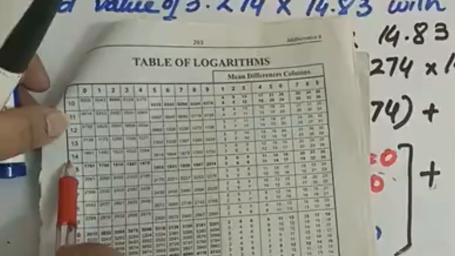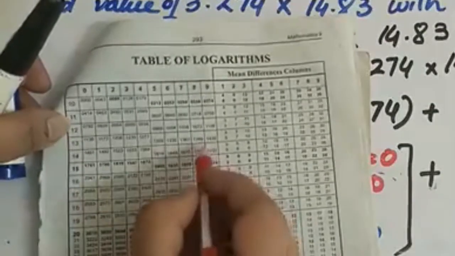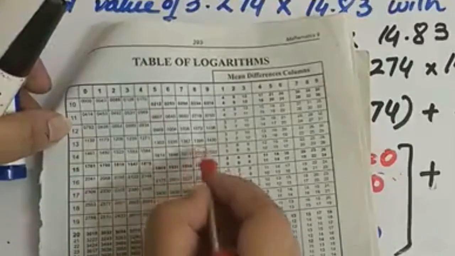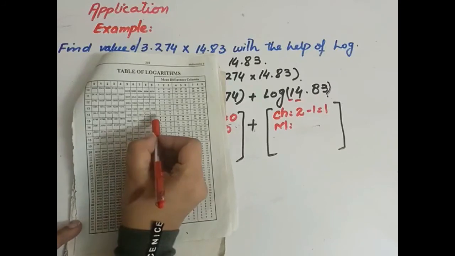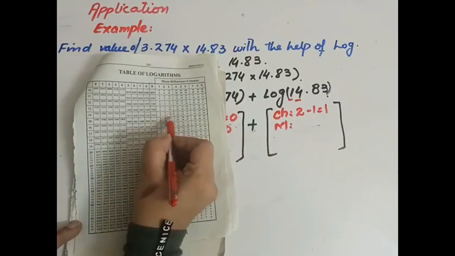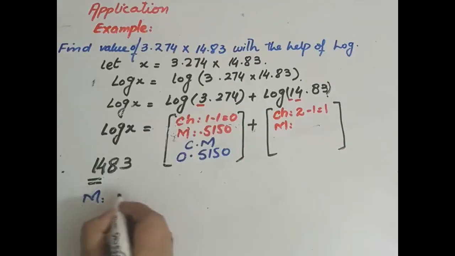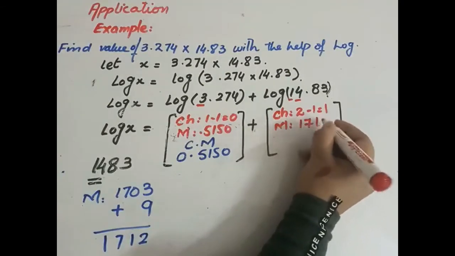In the 8th column of 14, it is 1703, and in the mean difference of 3, it is 9. Its mantissa will be 1703 plus 9, so it will be 1712.